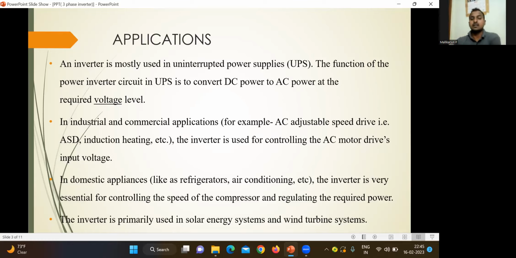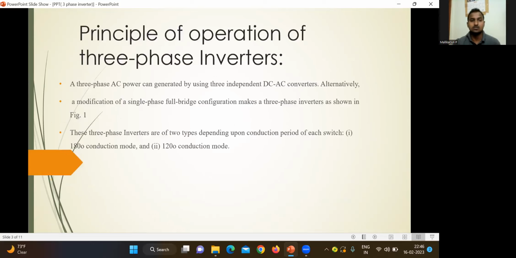And next, regulating the required power. We need proper active power only. We don't need unwanted reactive power. We need only active power. That is why we can use a regulator also. We need a pure output on the load side. The inverter is primarily used in solar energy systems and wind turbine systems.